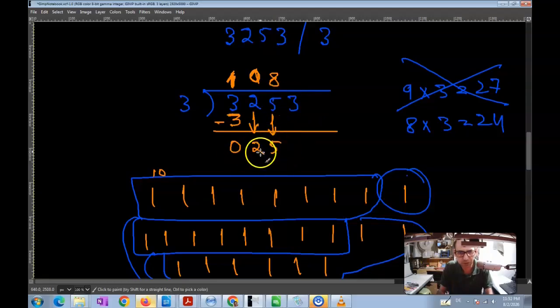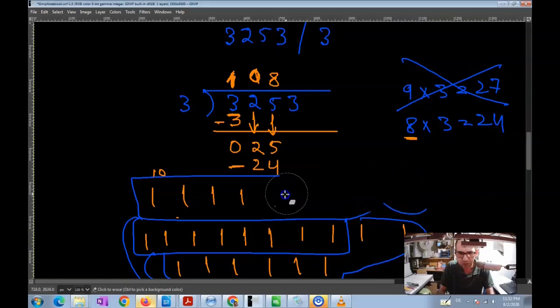So now I have 25 groups of 10. Then again I'll ask the question, 3 goes into 25 how many times? The answer was 8, so I write the 8 over here. 8 times 3 is equal to 24. Again, I have to subtract, because we are taking things away, right?